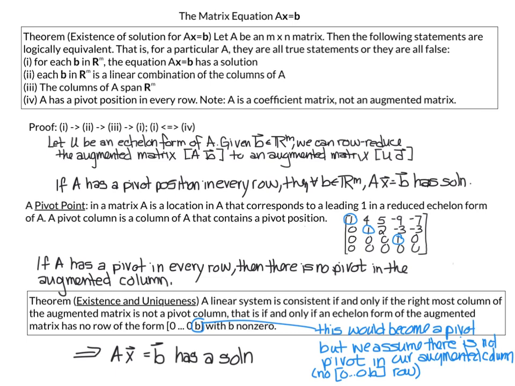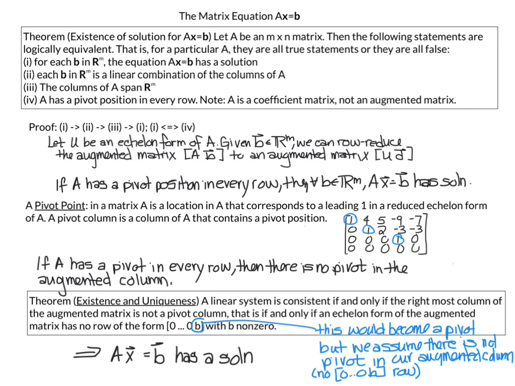But we assume that there's not a pivot in our augmented column. So that means we have no row of this form, and by this theorem the linear system is consistent. In other words, AX = B has a solution.